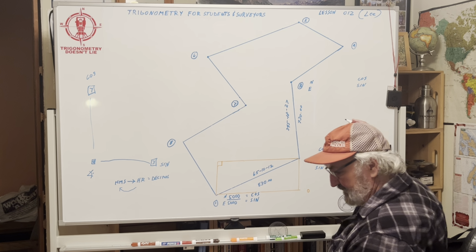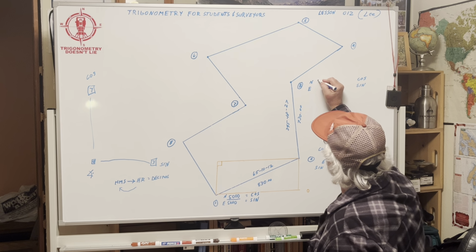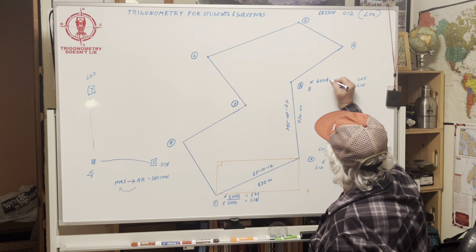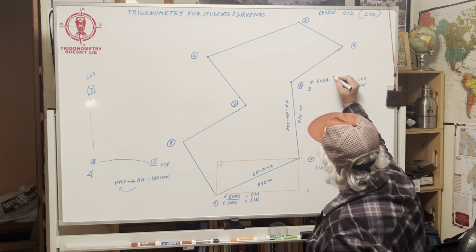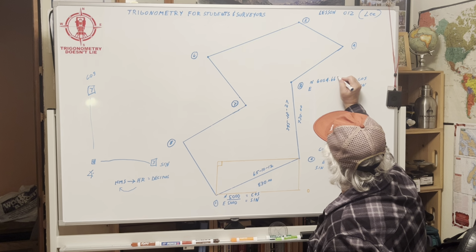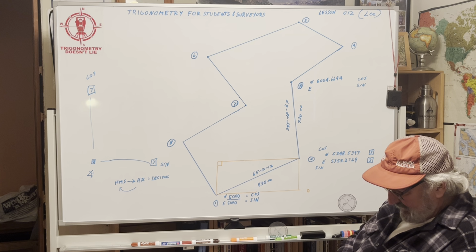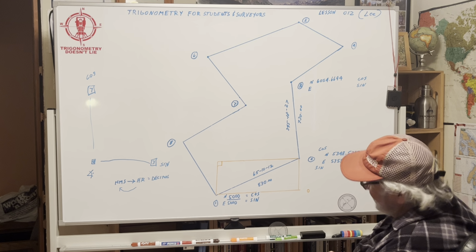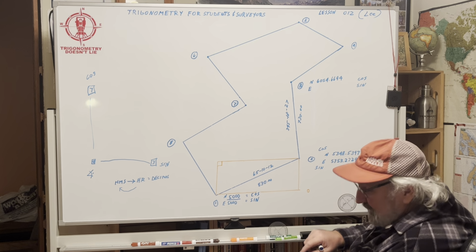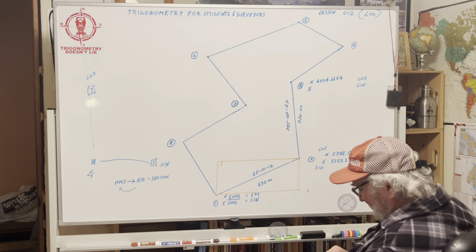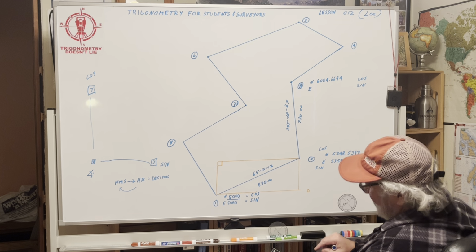So now we have 5,605.6694. And now we have that stored there. Okay, now we're going to recall that angle, that bearing, that azimuth. I transpose those all the time. So we want to do that.